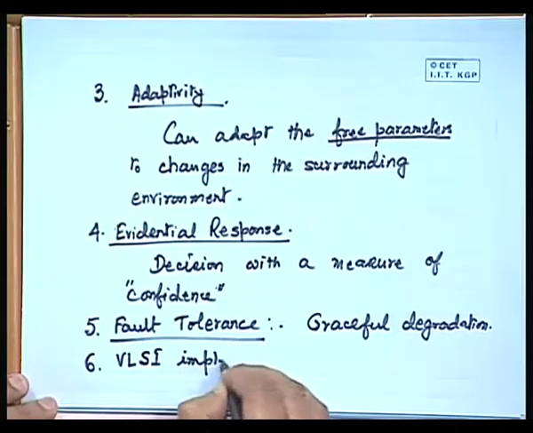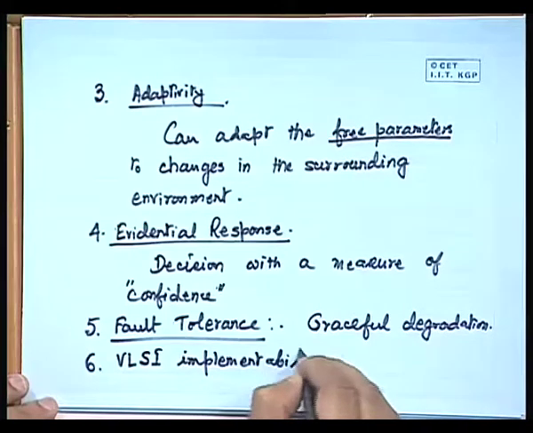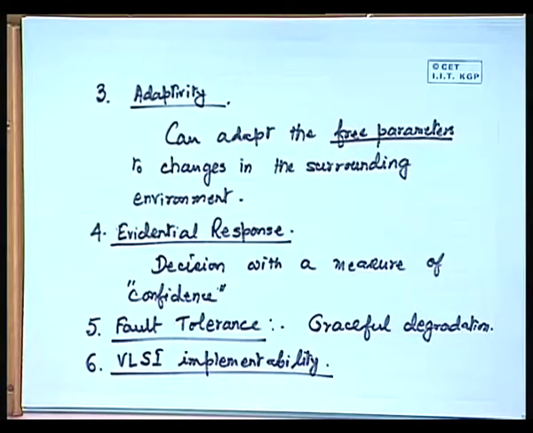So, we can talk about its VLSI implementability. By this I mean that using very large scale integrated circuits, it is possible to integrate a large number of neurons together.